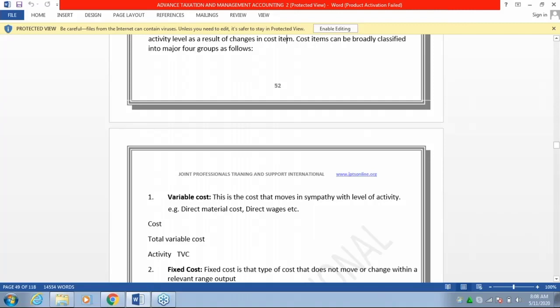As the output is increasing, the variable cost will also be increasing, but as the output is decreasing, the variable cost will also be decreasing, as the case may be. So that is why we have variable cost.